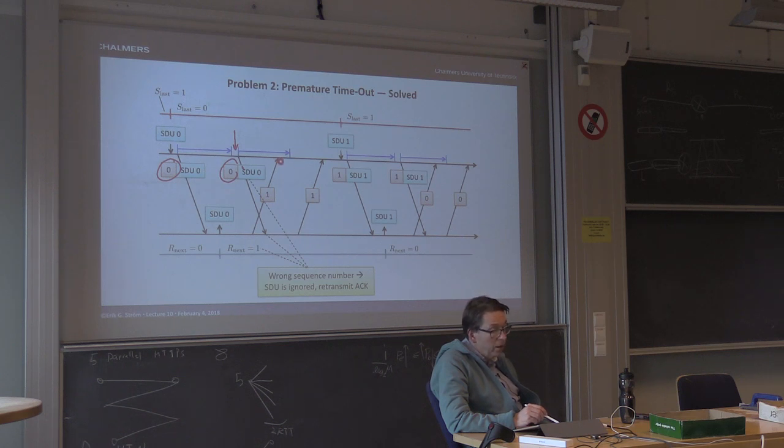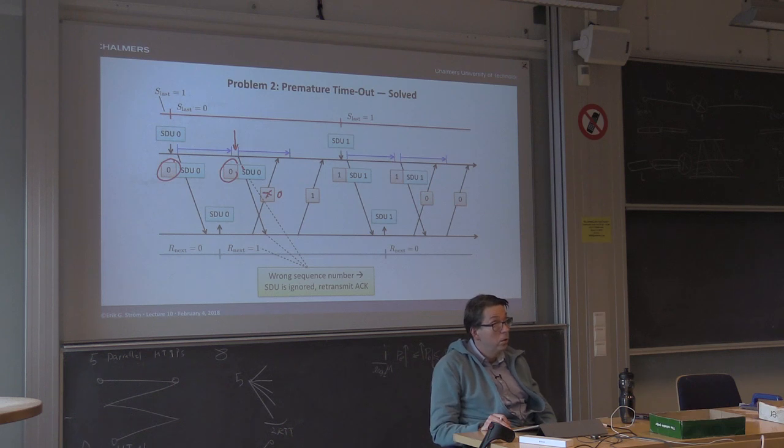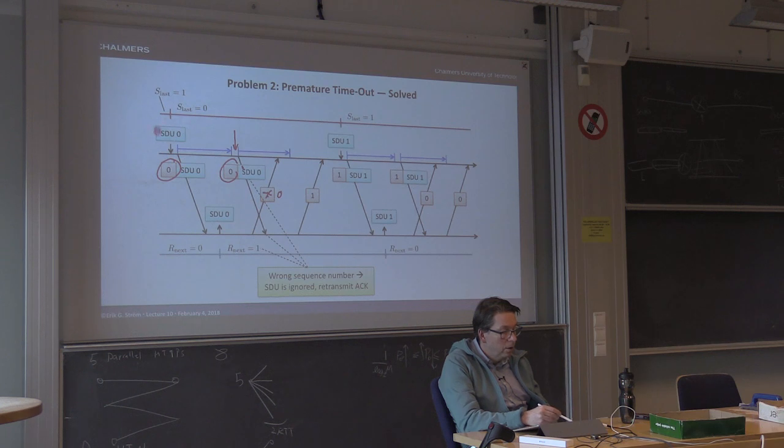And what's going to happen then is that it will trigger a retransmission at this point. So, for instance, if this now happens to be 0, the transmitter knows it just transmitted 0, and now the transmitter asks for 0 again. Well, that's not what I expected, but let's just ignore it. And what's going to happen then is that when we hit the timeout here, it will do a retransmission.